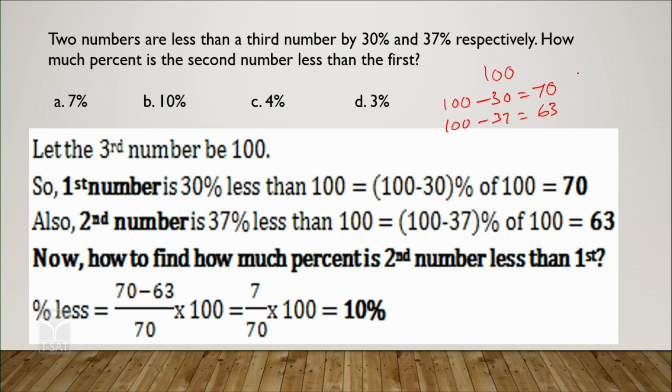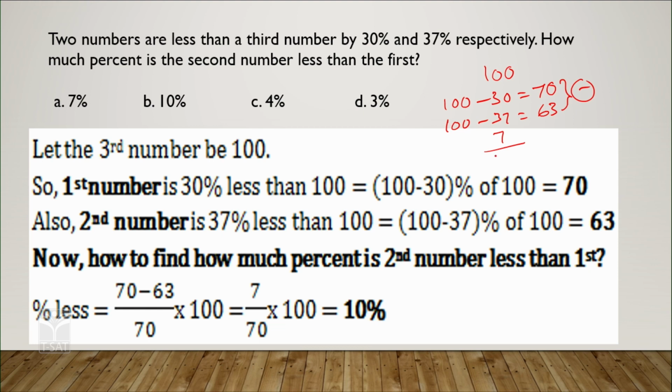Is it clear? Then you have to find the relation between first and second. What is the question? How much percentage is the second number less than the first number? Then what you have to do? Take the difference of the first number and second number. The first number is 70, the second number is 63. The difference is 70 minus 63, that is 7. Then you have to find how much percentage the second number is less than the first, means with respect to the first.